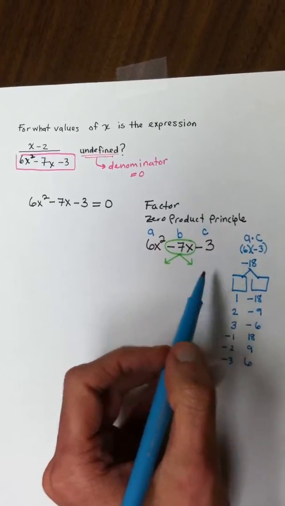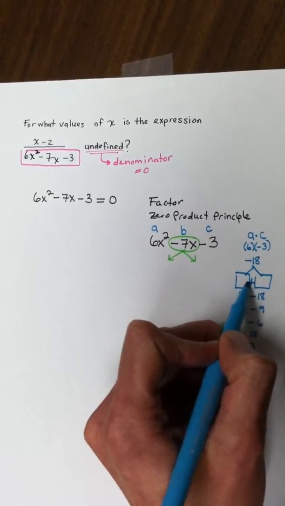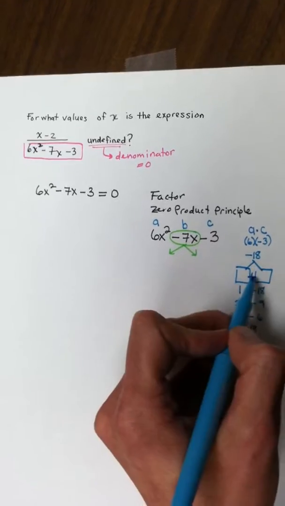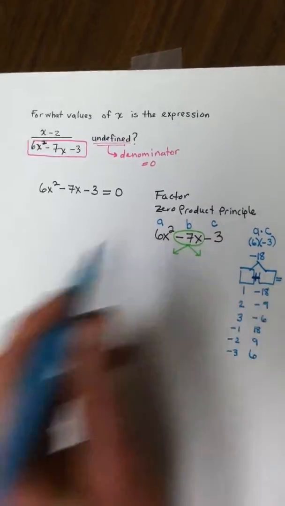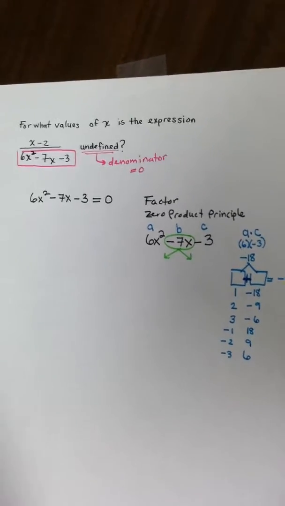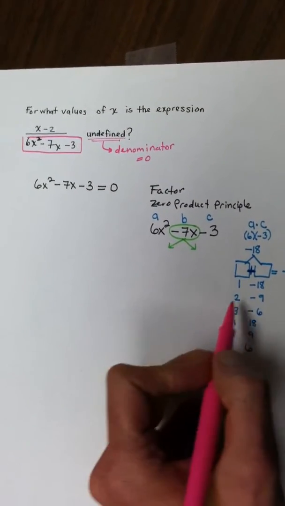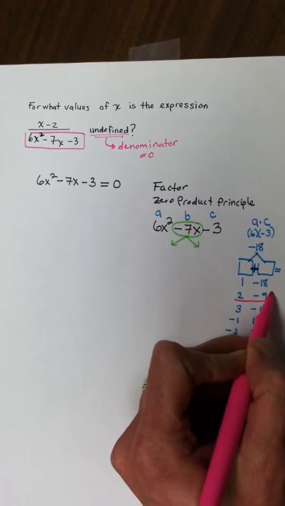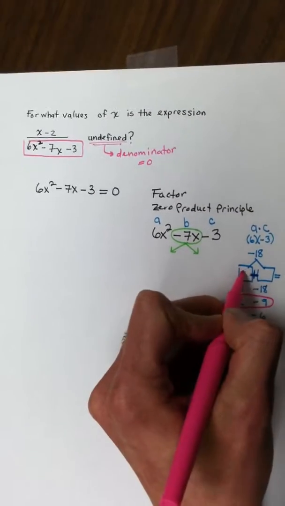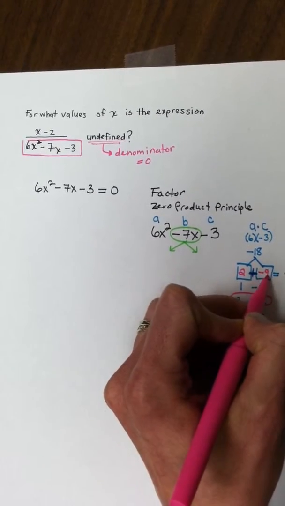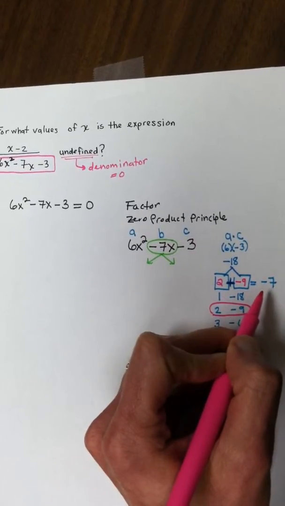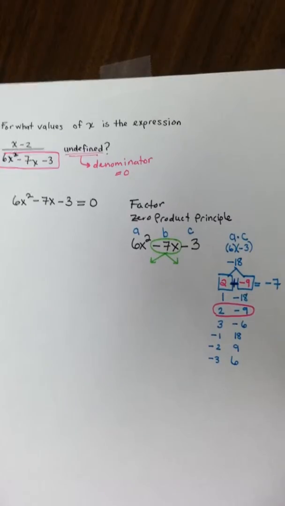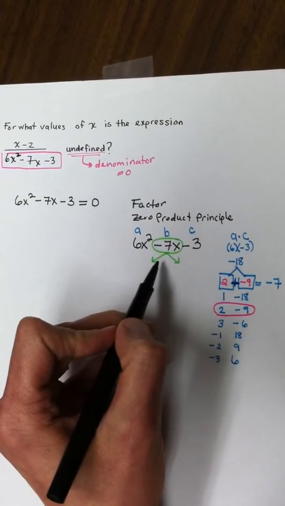But I need the combination that adds back to this term I'm splitting up, so those numbers have to add to negative 7. When I look at all my combinations, the only combination that does that is the positive 2 and the negative 9, because positive 2 times negative 9 is negative 18, and they add to negative 7. So those are the numbers I'm going to use to split my middle term.